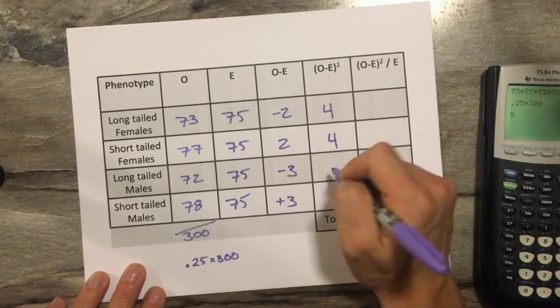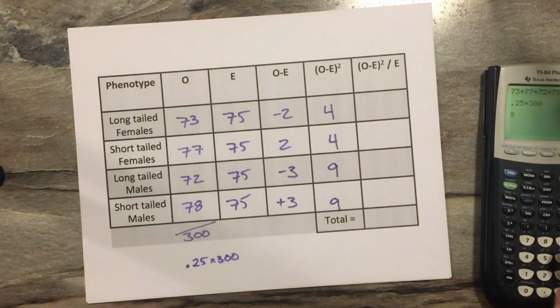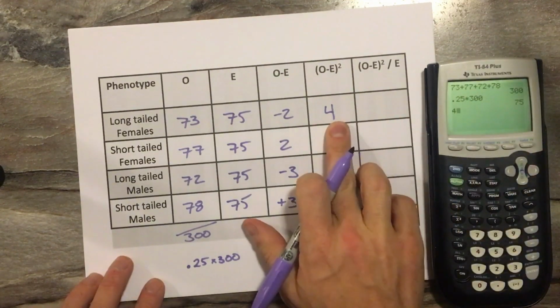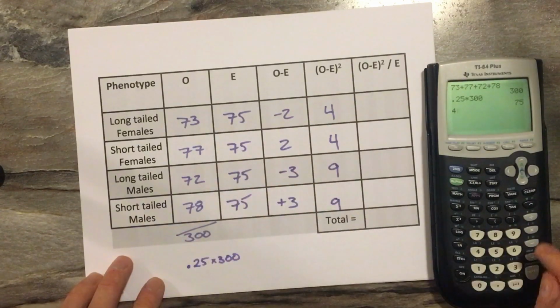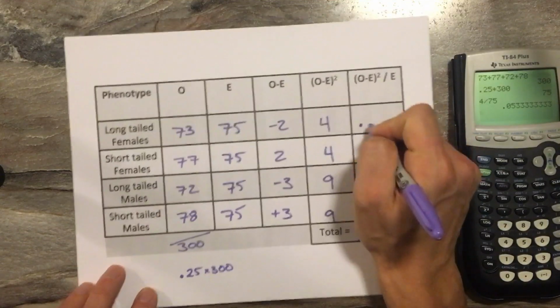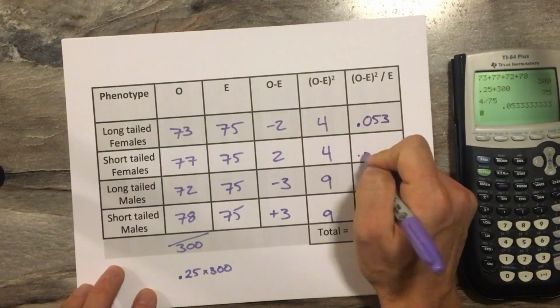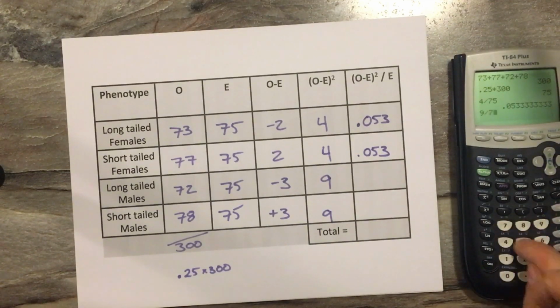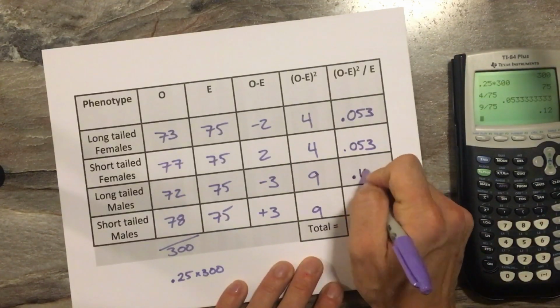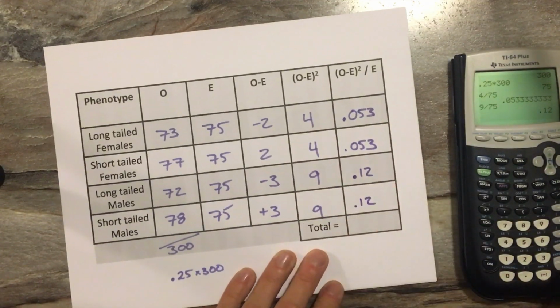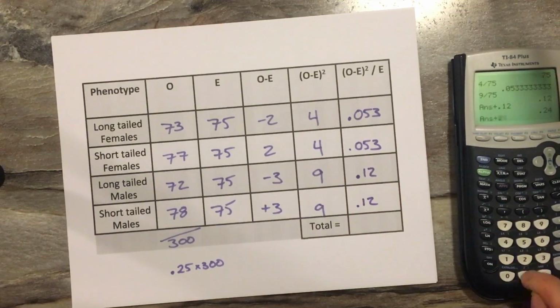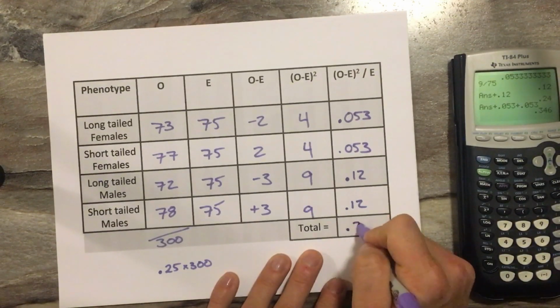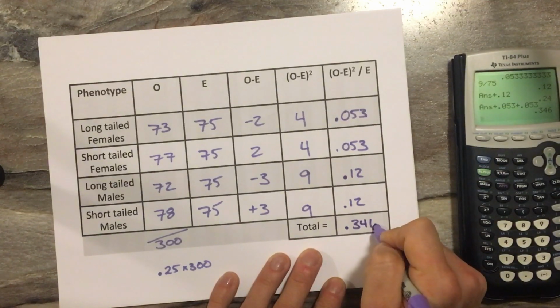When you square them, we get positives all the way down. And then we're just going to divide. So 4 divided by our expected, I got 0.053, both of those. And then 9 divided by 75, I got 0.12 and 0.12. Add all those together and we get 0.346.